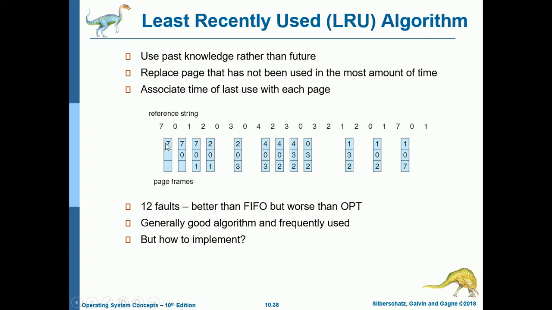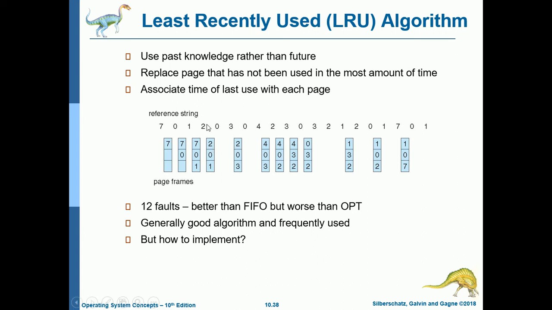So, again, we have 701. Then next is 2. Among these, which is the least recently used? Okay, it's 7, so that's why it is replaced by 2.